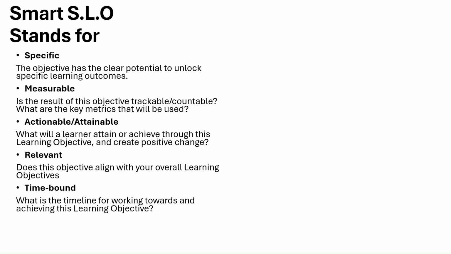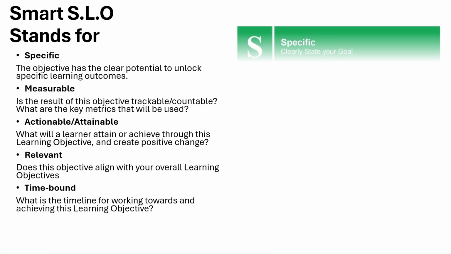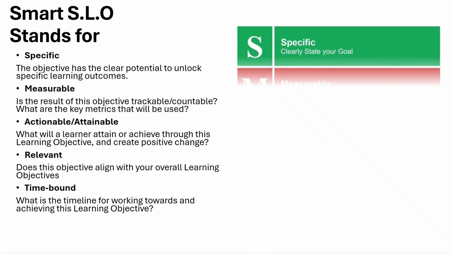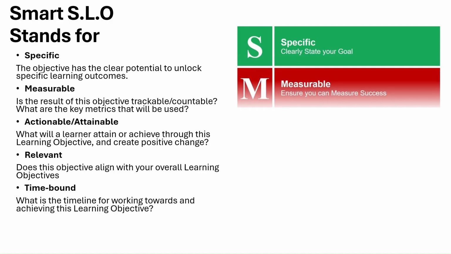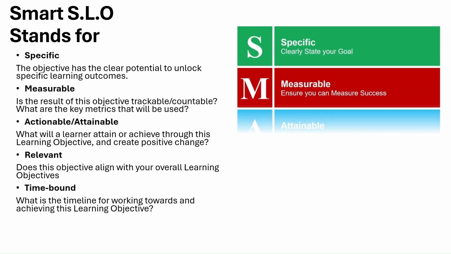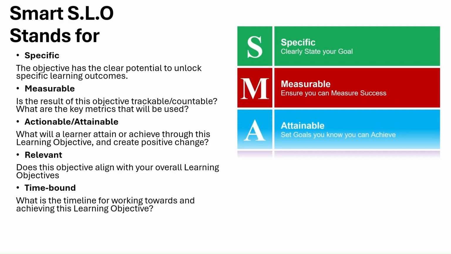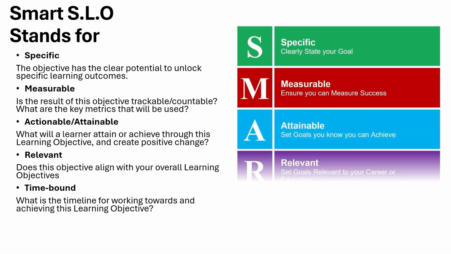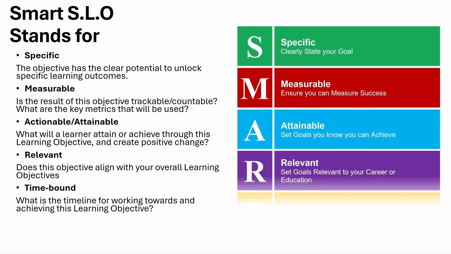But whatever the period, whatever the semester system, the time will be mentioned right at the start to the students, so they know how much time they have to complete that particular SLO. So this is called a SMART SLO. It should be specific, measurable, attainable, and at the same time relevant and time bound.